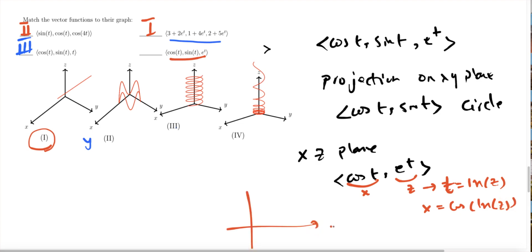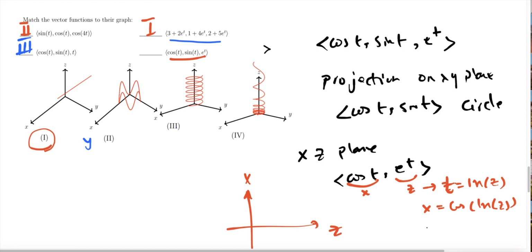So in, let's say, the z and x plane, let's try just for z positive because that's the picture over there. And so for z positive, what do I get?